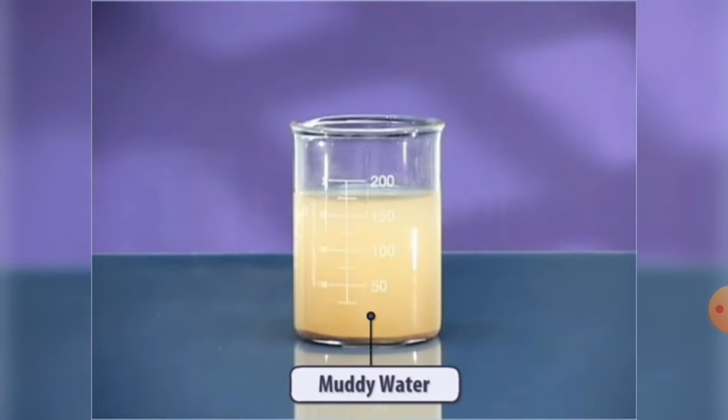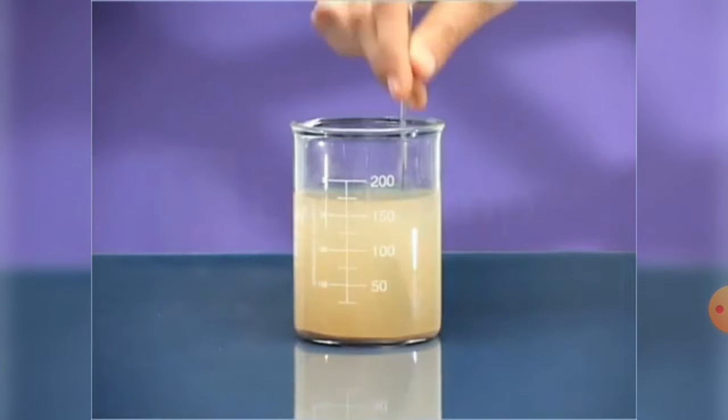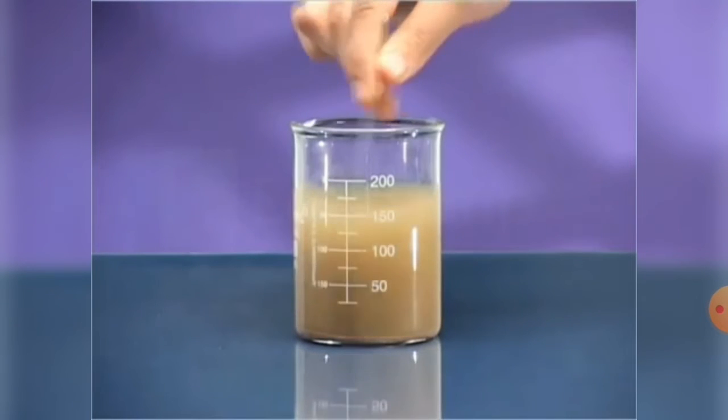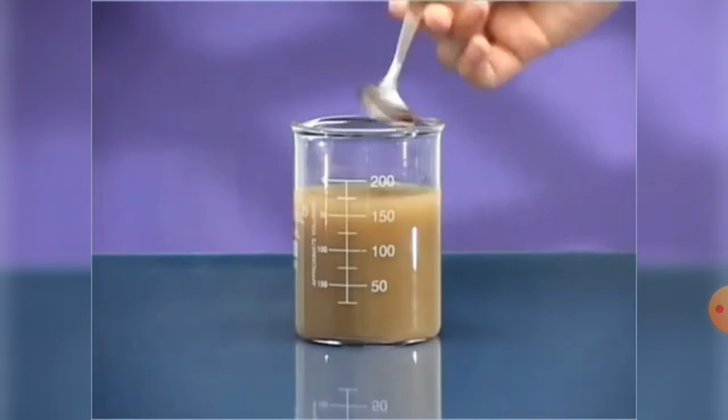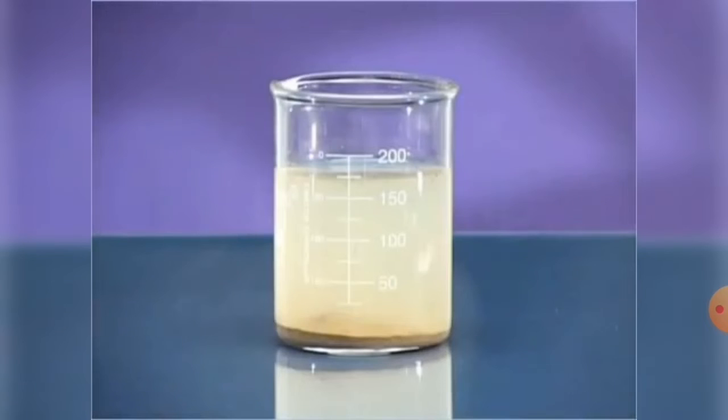So first we will take a sample of muddy water in a glass beaker, and we have to stir it well for a few minutes. After stirring, we will allow this solution to stand undisturbed for half an hour. We have to keep this solution undisturbed for at least 20 to 30 minutes.